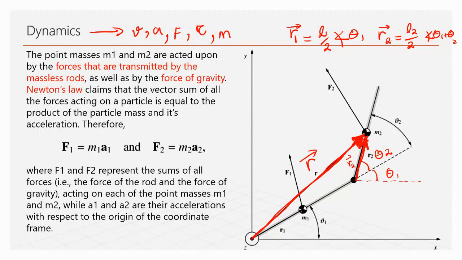And our new R, pointing from the origin to the mass at the center of the second link, based on basic vector analysis, if this one is R1, this total longer one will be 2R1. So R will be 2R1 plus R2.